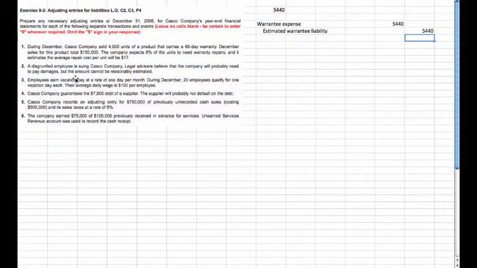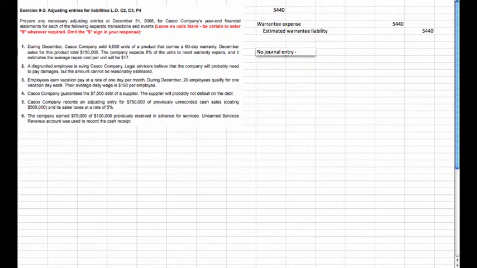If you take a look at that chart, we know the legal advisors say that we're going to have to pay something, but we don't know the dollar amount. So if we go down that chart, it would say that it's probable that we're going to have to pay it out, but we don't know the dollar amount. Since we don't know the dollar amount, the second item says no journal entry.